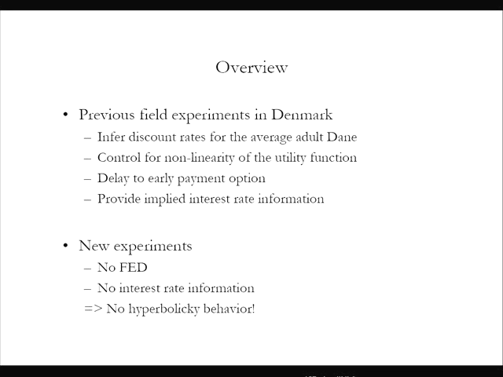And the specification we look at here is this specification. And the idea here is to see, if you have this additively separable function here, what happens is that the intertemporal elasticity of substitution is equal to 1 over relative risk aversion.